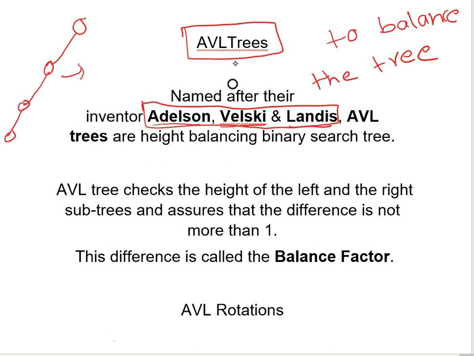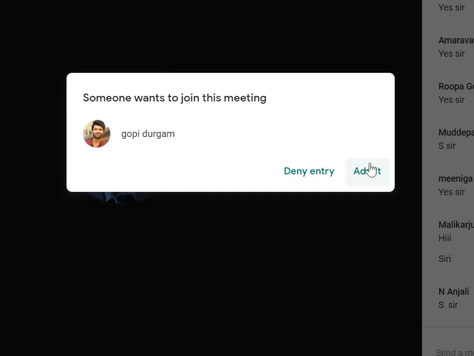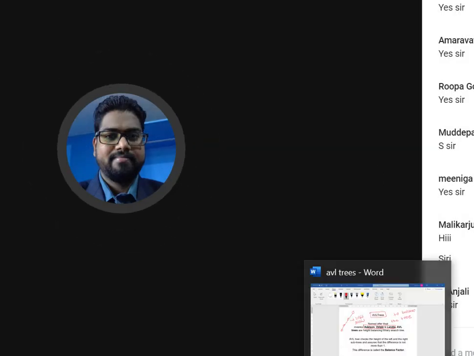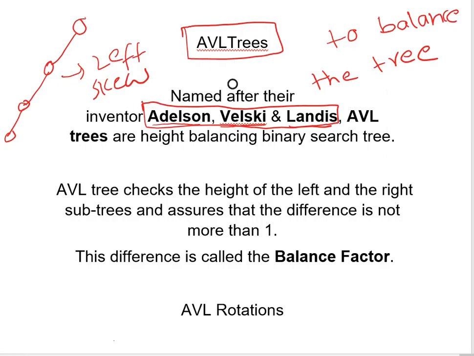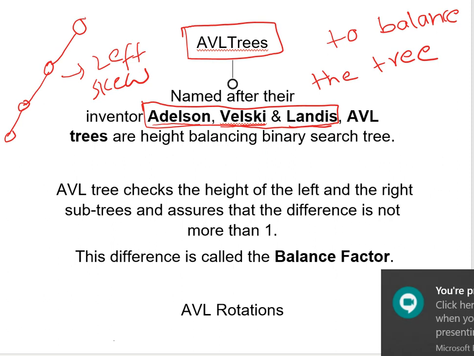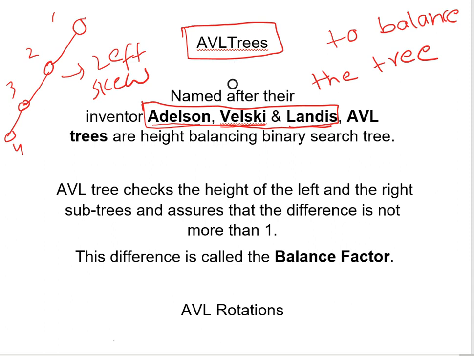This is called a left skew, where the height will be more. In a skew tree, the height will be more. What will be the height here? 1, 2, 3, 4. So whenever the height is more, operations will be more in a binary tree.